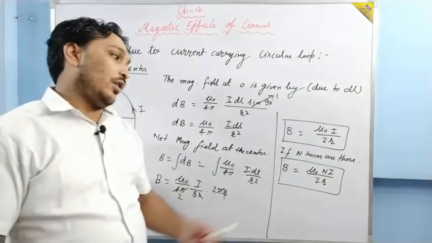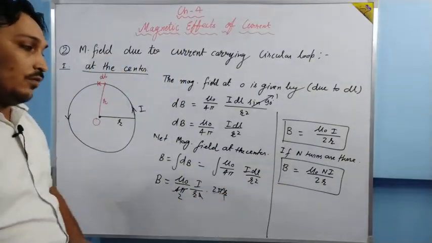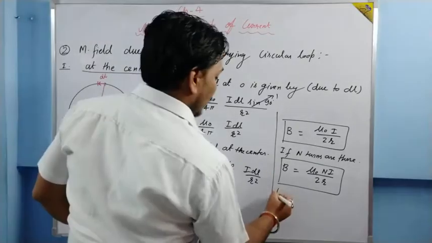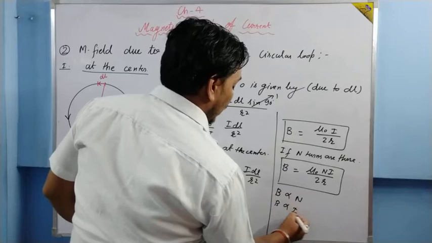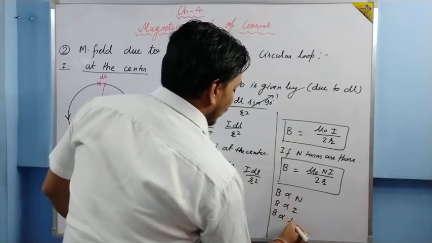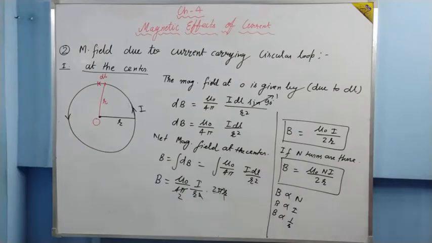So the magnetic field is mu naught N I upon 2r. So from here, what can be concluded? That B is proportional to n, B is proportional to I, and B is inversely proportional to the radius. Simple. So this is the magnetic field due to a current carrying circular loop, and this is the first case, when we are calculating at the center.